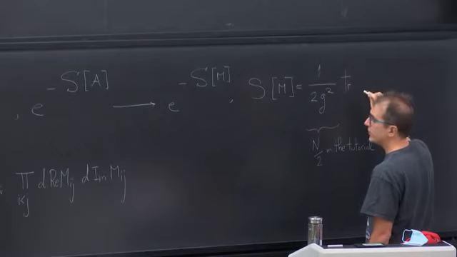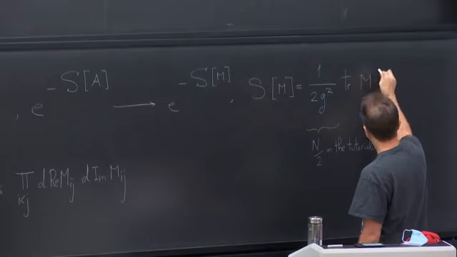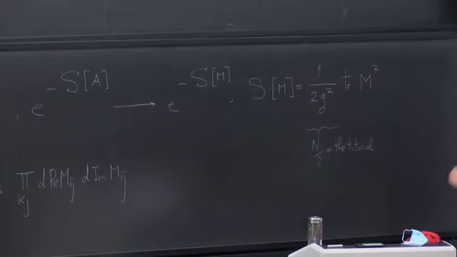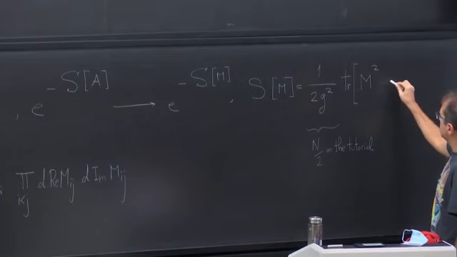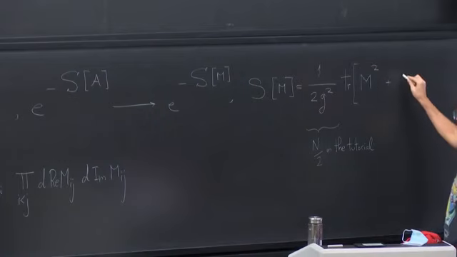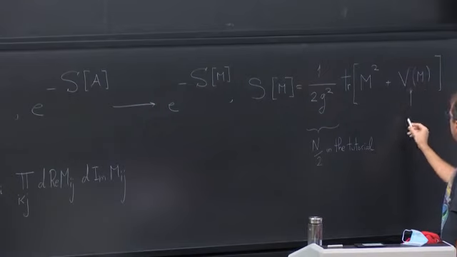That would be, instead of trace of f squared, it would be trace of m squared. And then we could have interactions. And interactions, there could be some general potential that depends on this matrix. This potential could be something like some sum.